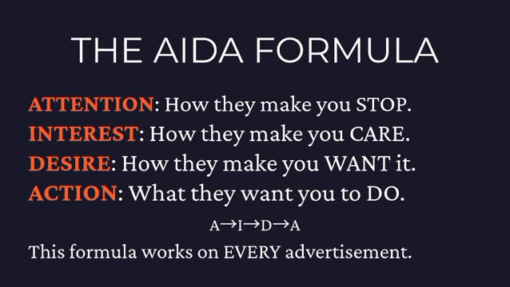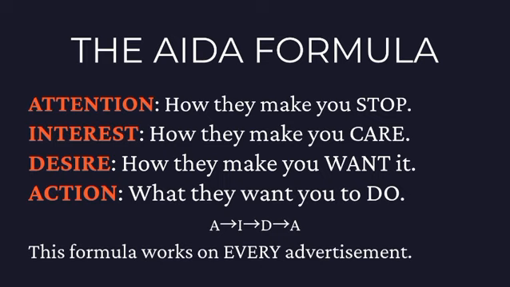Interest, how they make you keep reading. Desire, how they make you want it. Action, what they want you to do next. These 4 steps are how advertisers manipulate your brain. And once you can spot these 4 elements, you can answer almost any advertisement question in your exam.